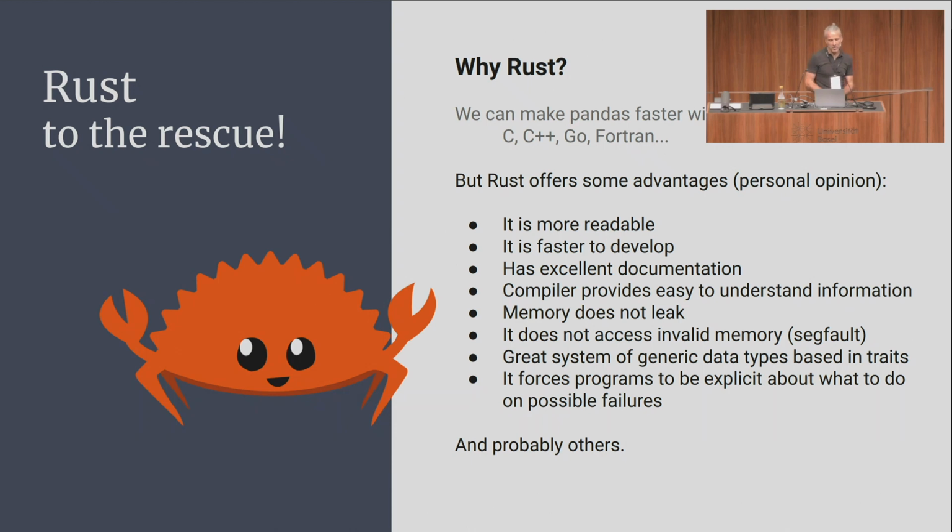And yeah, probably the one that you will be hearing the most is that memory does not leak. That's not 100% true, because there is something called unsafe in Rust that you can use, where you can manage the hardware a bit more directly, and that would be closer to what you do in C. It might make your code more complex, but in many cases you need to do that, and actually we'll see an example of that.